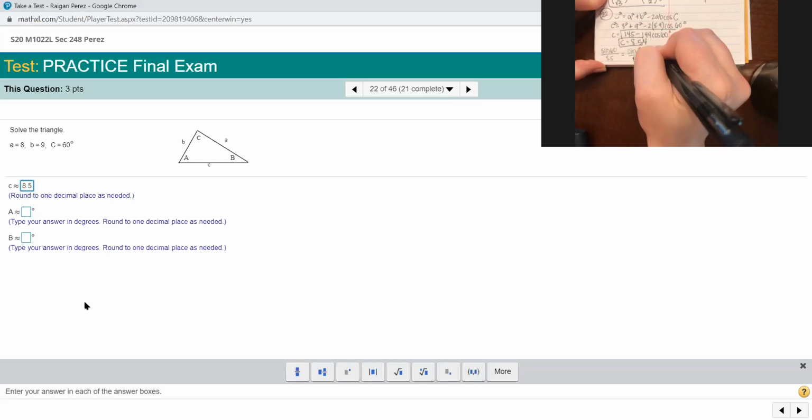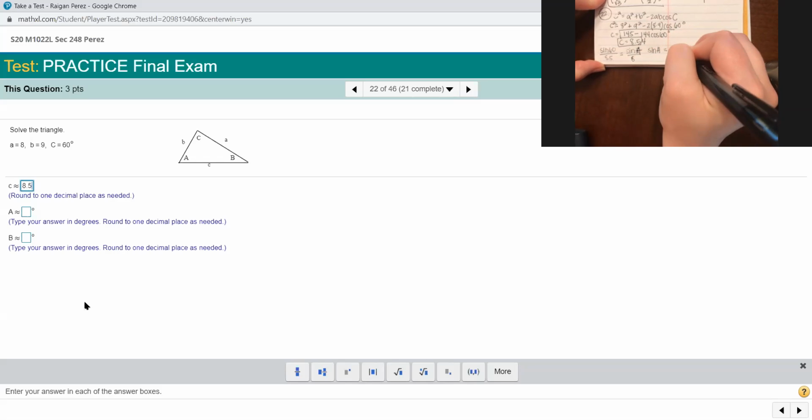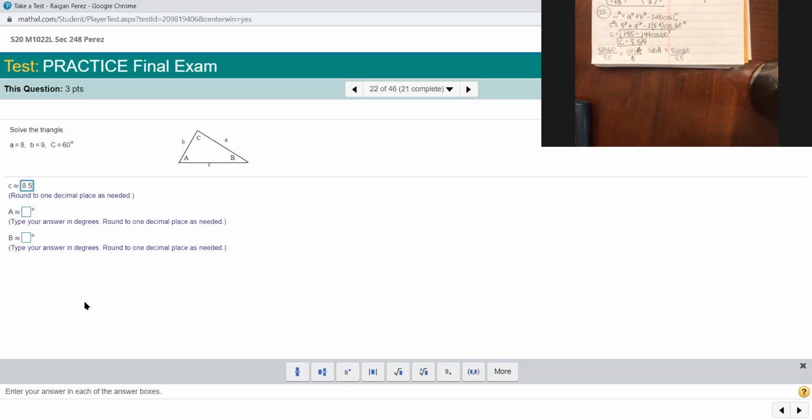So sine of a equals 8 times sine of 60 divided by 8.5. Take sine inverse.